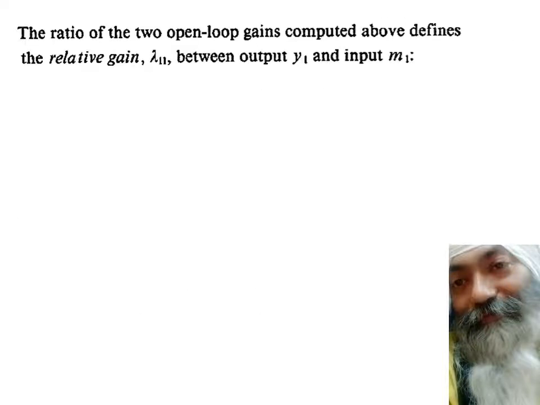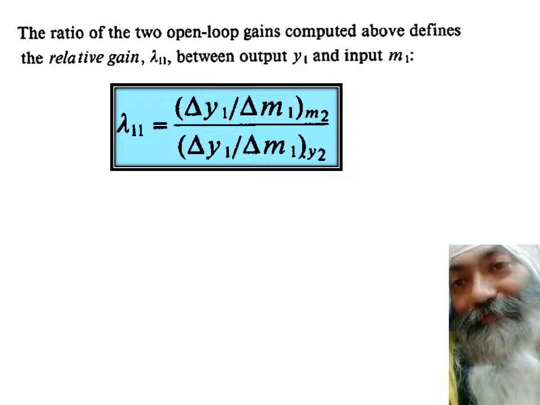What we do is that we take the ratio of these two gains. The first gain was when m2 was kept constant, which was giving me only the direct gain. And the second was when y2 was kept constant. It was when we were getting both direct and indirect gain. So what we do is we take the relative gain. A relative gain means I take the ratio of these two gains.